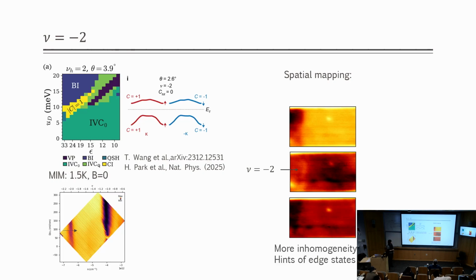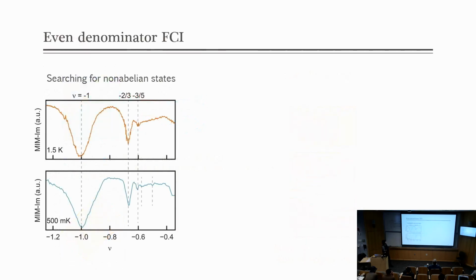You might argue that there are some big signatures of things lining up at the edge, but the width is very small. And also, it seems like the sample becomes very inhomogeneous at nu equals -2. It's still the same piece of sample, but somehow that just happens. We're still trying to understand what is going on over there. Is that a competition of phases, or what is contributing to this?